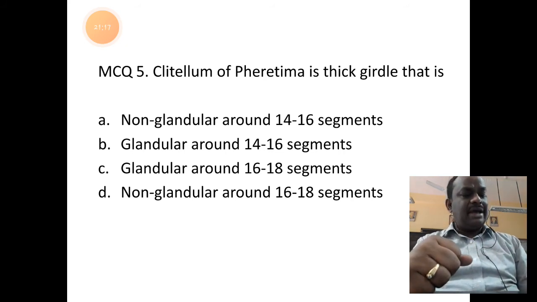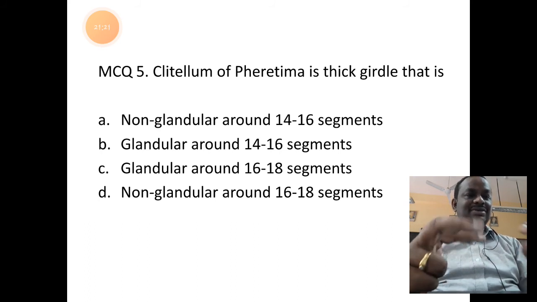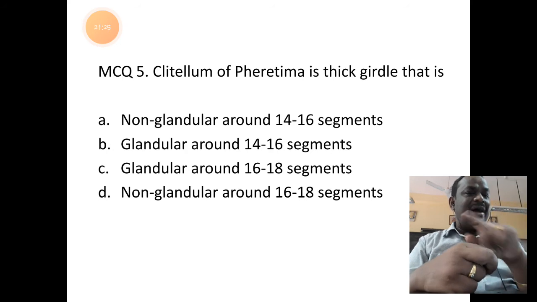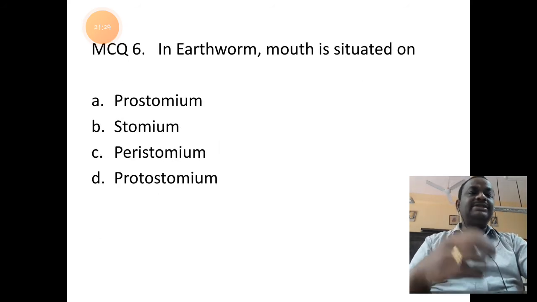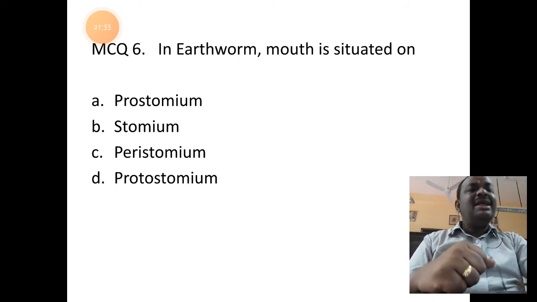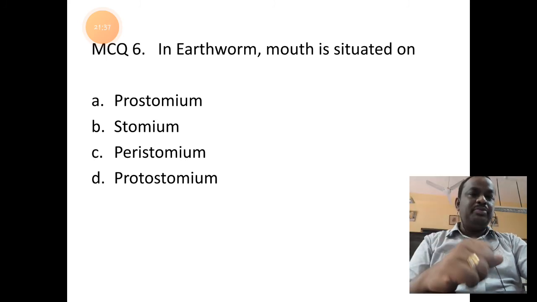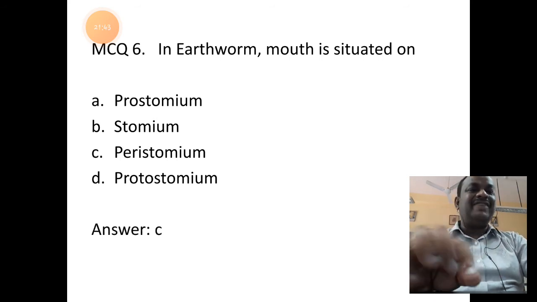It is seen as the fusion of 14 to 16 segments. So C and D do not fall in, but it is glandular. Hence B is correct. It is glandular, present between the 14th to 16th segment. In earthworm, the mouth is situated on which particular segment? Prostomium, stomium, peristomium, protostomium. It is C, peristomium, the first segment.